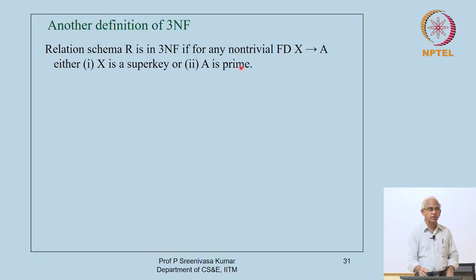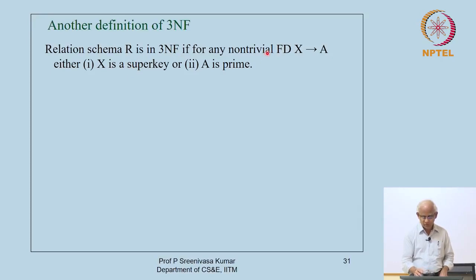This is a very nice definition, and it is somewhat easier to remember also. Remember, it does not even talk about 2NF. So, it combines everything into one nice compact definition.